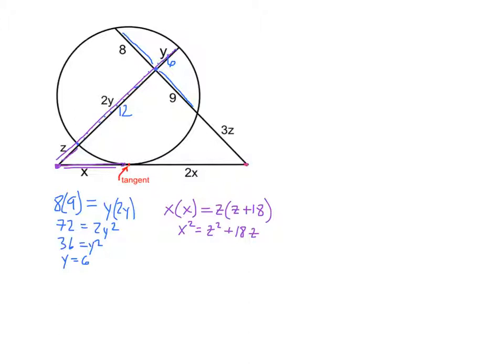So over on this side, to the circle here, to that point of tangency, I get 2x, and then I'm going to go to that point of tangency again, that's another 2x, and that has to equal this distance, 3z, to the circle again, all the way through to the other side, and that's 3z plus 9 plus 8, or 17.